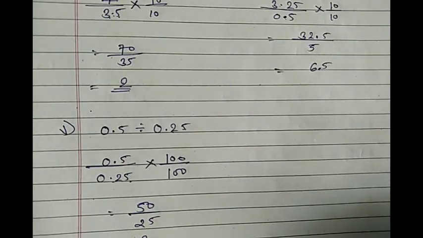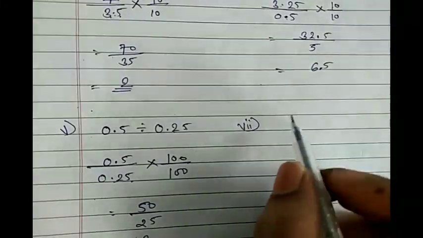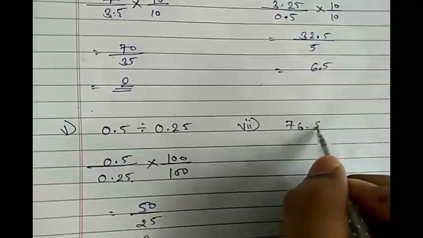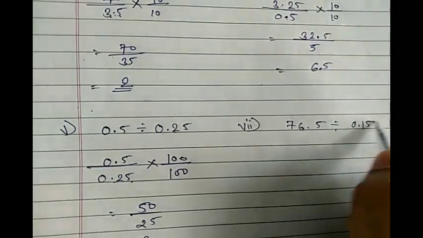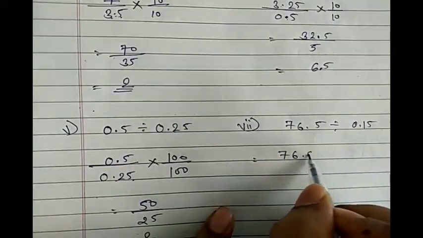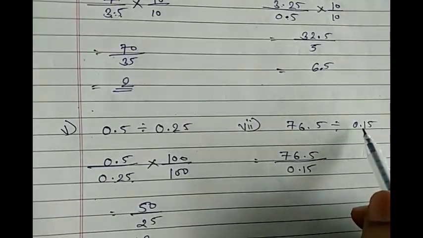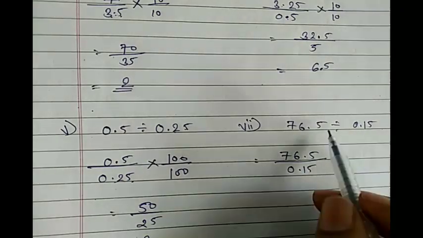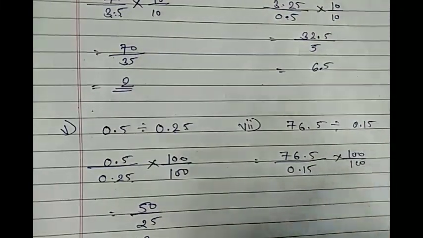One more sum. 76.5 divided by 0.15. In the divisor, there are two digits after the decimal, so we have to multiply both dividend and divisor by 100.